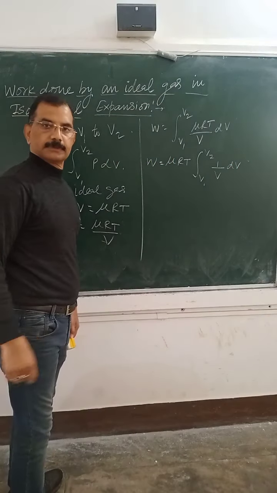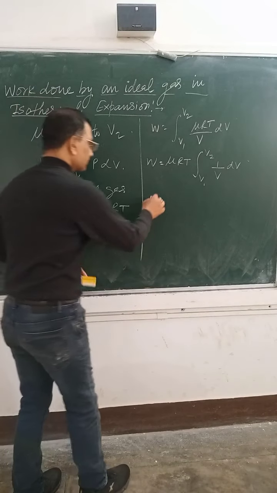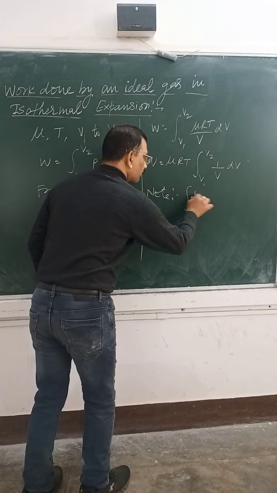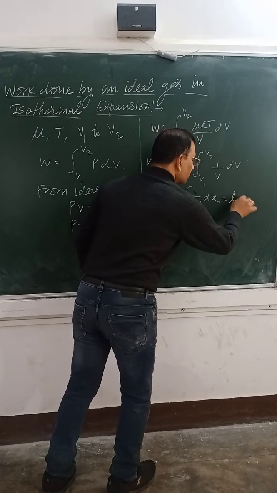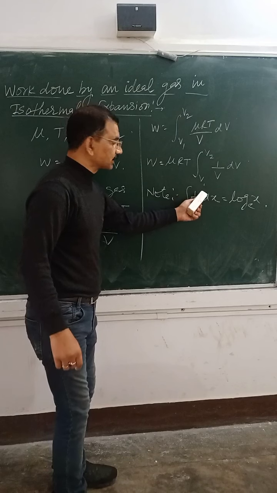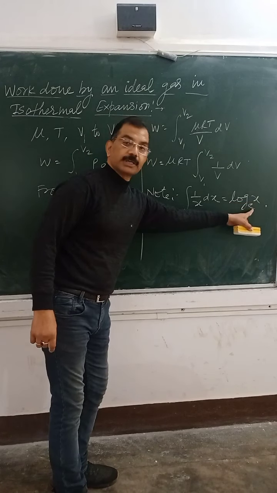And you know there is a formula for integration. Here note that the integration of 1 upon x dx is equal to log x to the base e. This is the formula: the integration of 1 upon x dx is equal to log x to the base e.